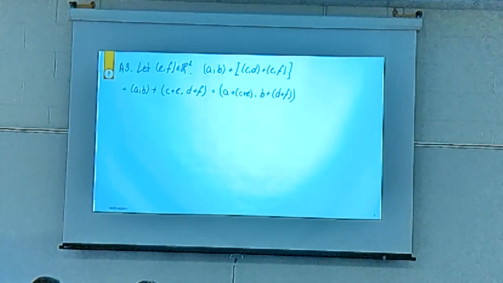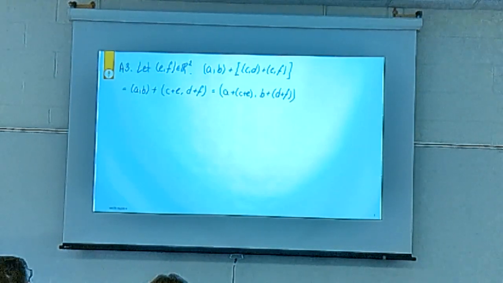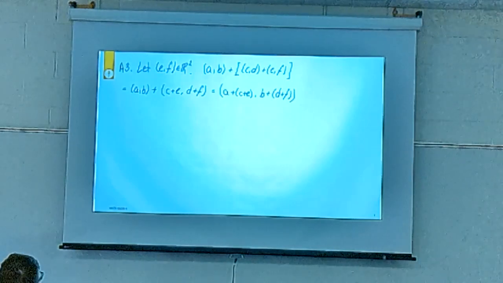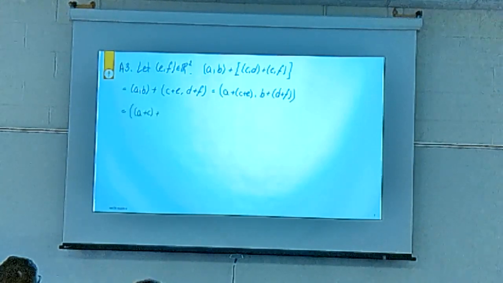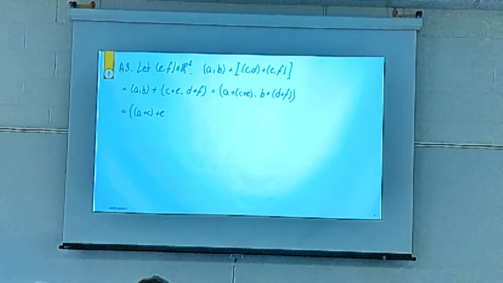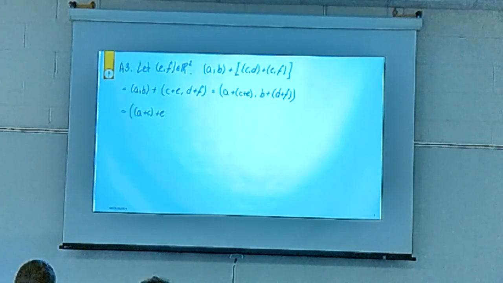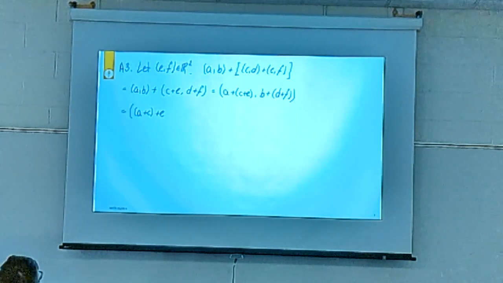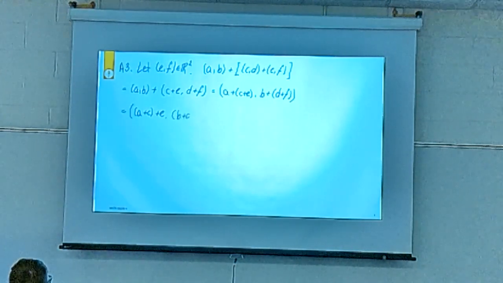They're just real numbers, aren't they? Addition of real numbers, is that associative? Yeah. So I can group that however I want, right? For instance, I could group it this way. B, d, f, also all real numbers. So their sum is associative. So why not write it that way?